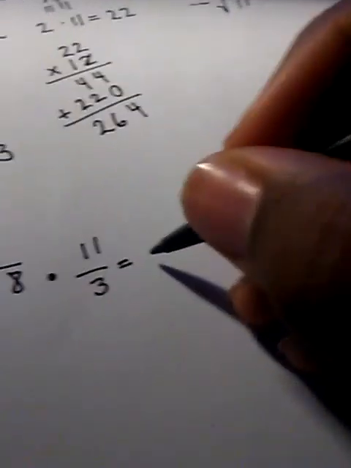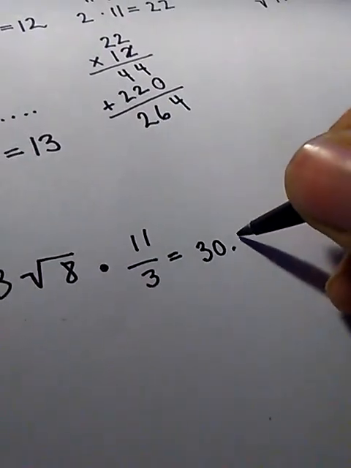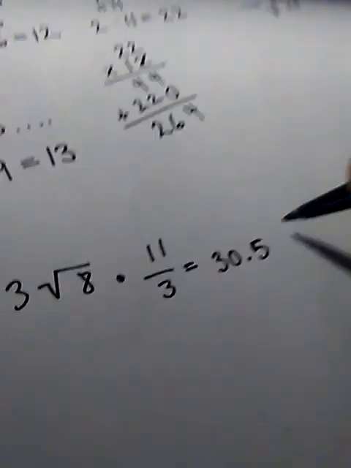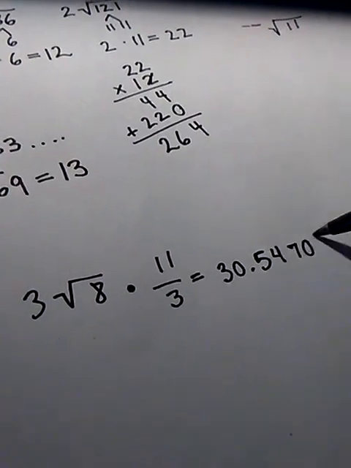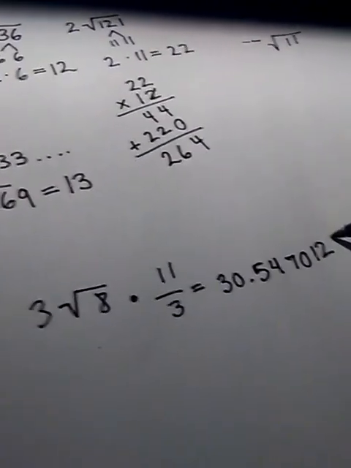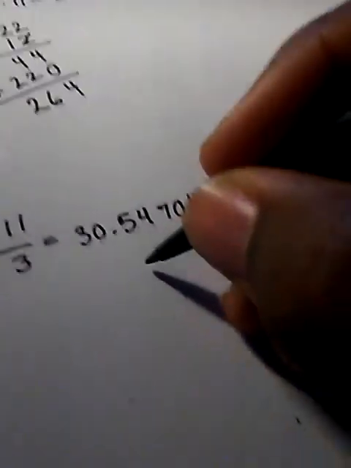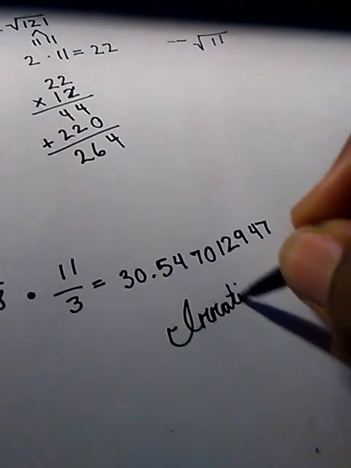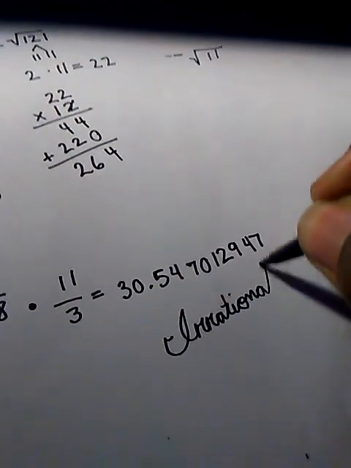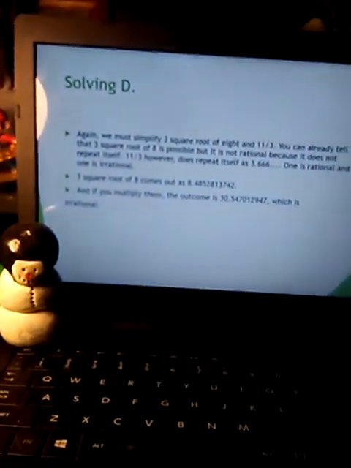The outcome is 30.547012947, which is irrational. Try to write that the best I could. Okay, here we go.